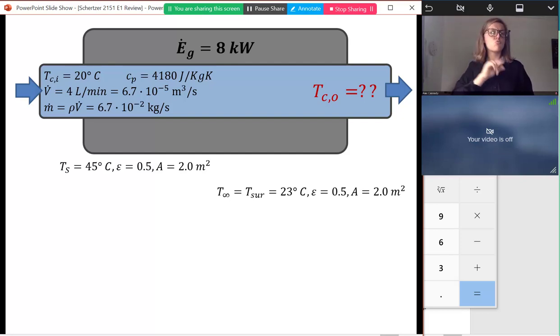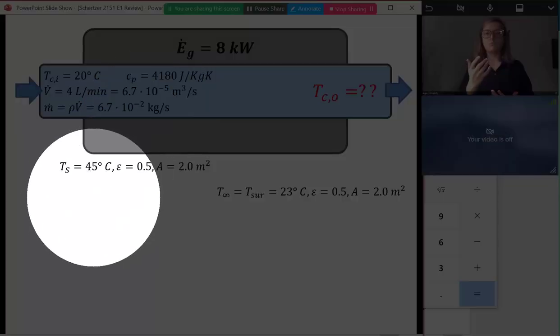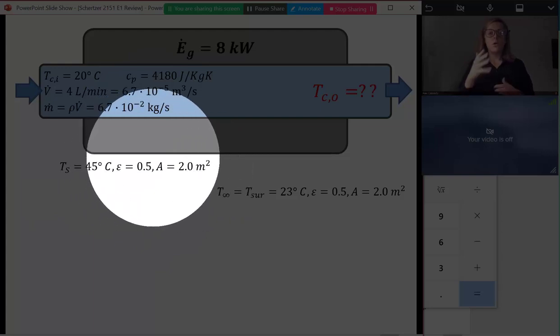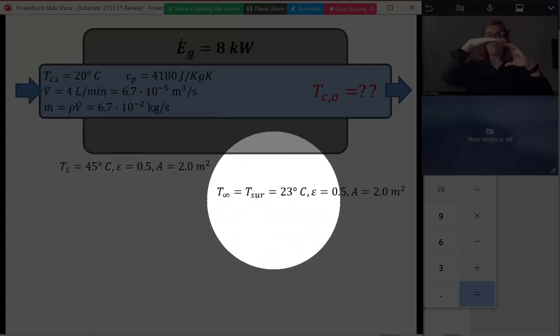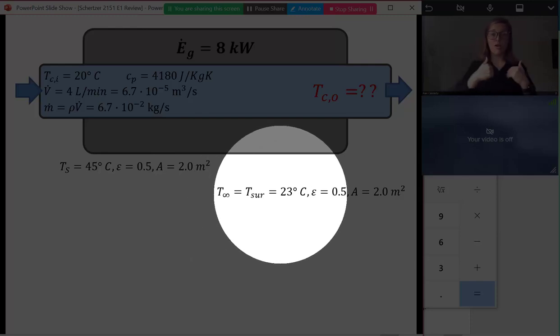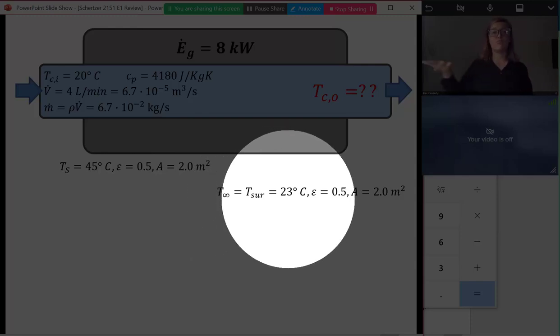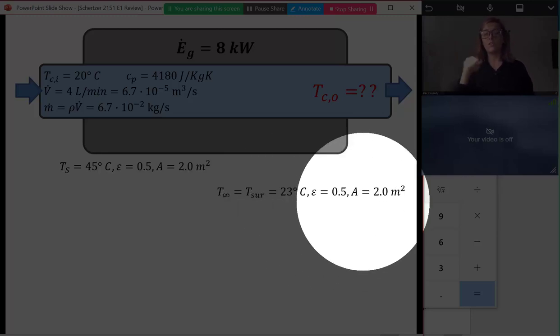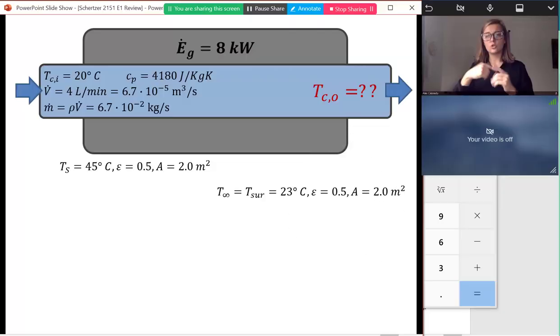I don't know the temperature at the outlet. That's what I'm trying to find. But I know that this thing generates 8 kilowatts of heat, so we're trying to get rid of that heat. I'm also told the surface temperature on the outside of my component, its emissivity and its area. And then far away from the device, I have the ambient temperature and also the temperature of a surrounding material, and here I also wrote the emissivity and the area.